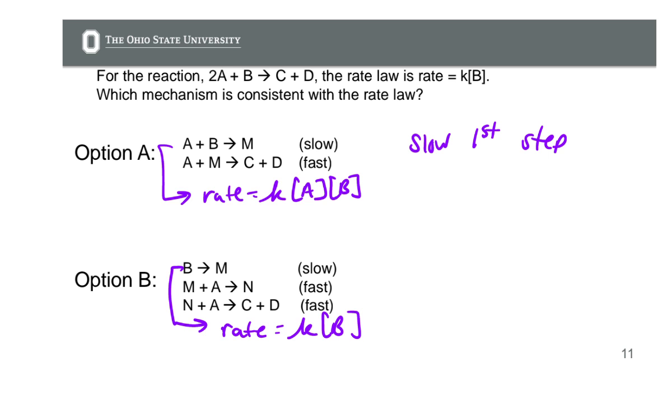And so as we've written with the slow first step, rate law is equal to the concentration of the reactants in that slow elementary step. And so option B would be consistent with rate equals k times B, right? Does that make sense?